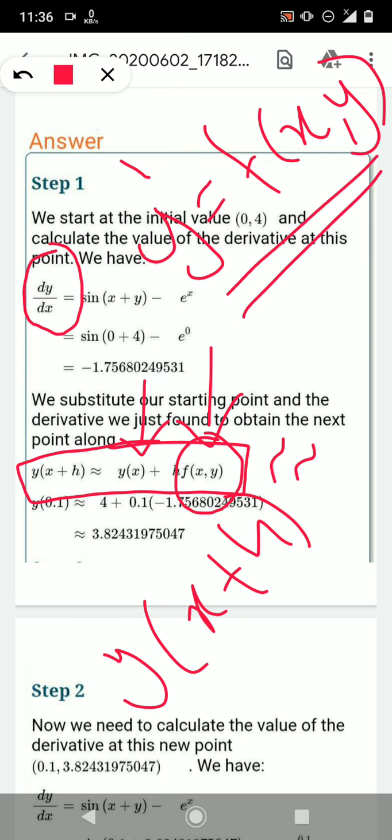So the derivative y dash is equal to the function f(x,y). Here f(x,y) is equal to sine x plus y minus e raised to x.